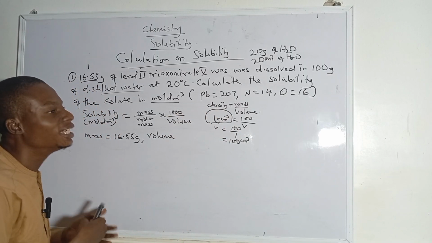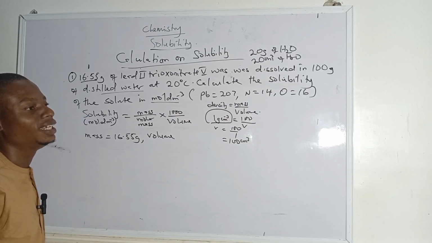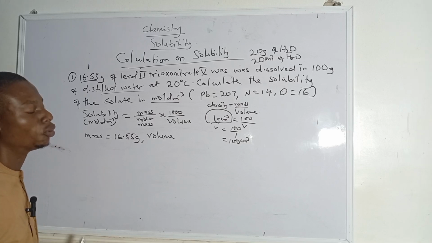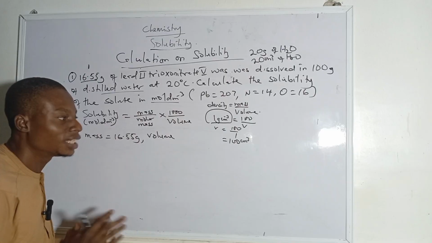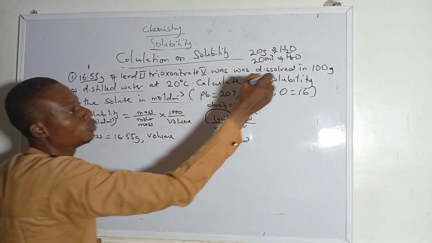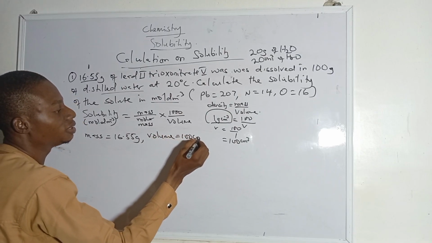Any mass of water you are given in gram is the same as the volume of water. I hope that is clear. So this 100 gram is the same as 100 cm cube of water.